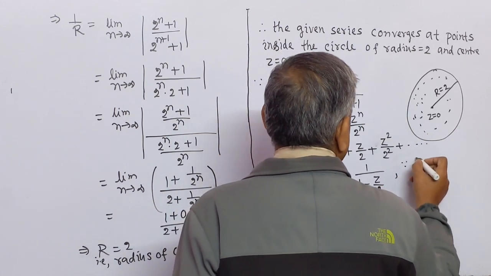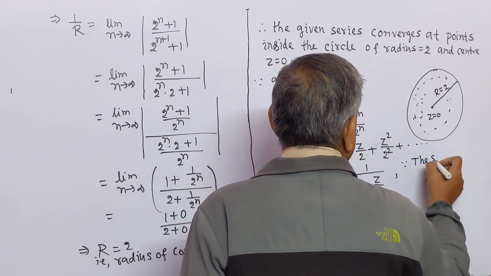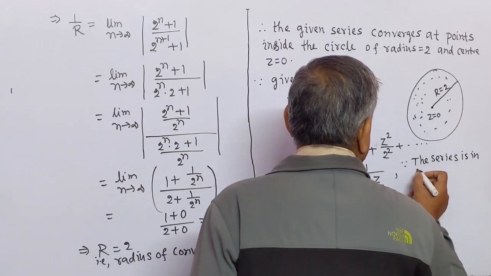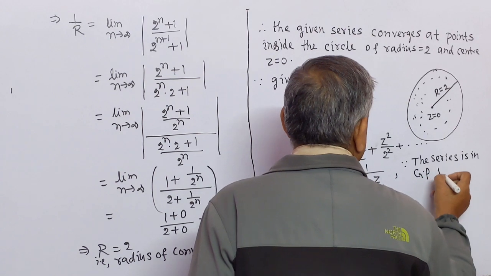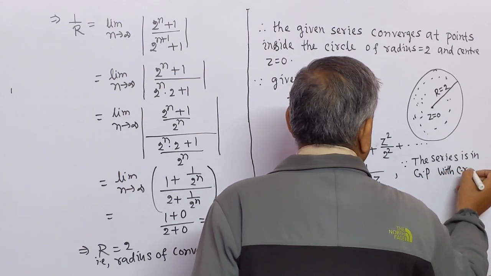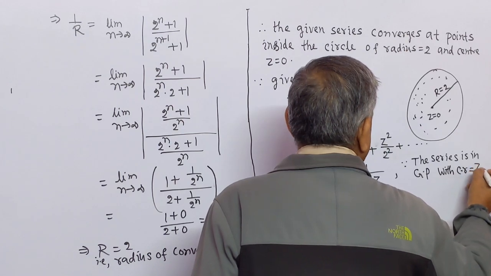since the series is in GP with common ratio z by 2.